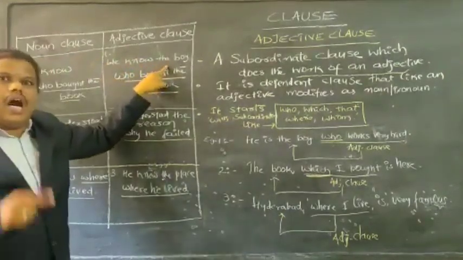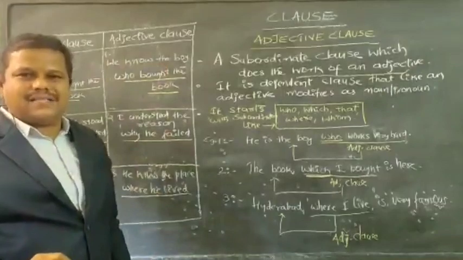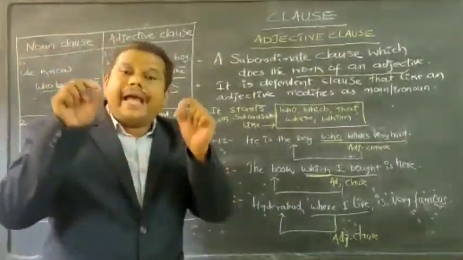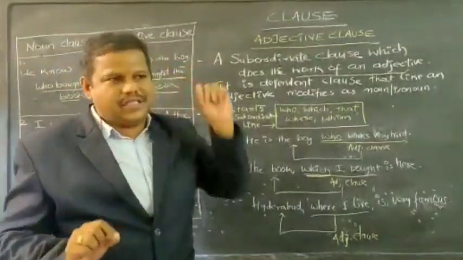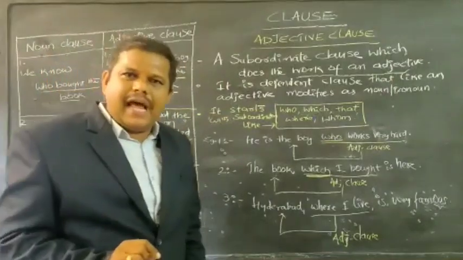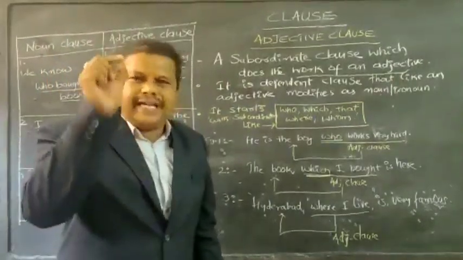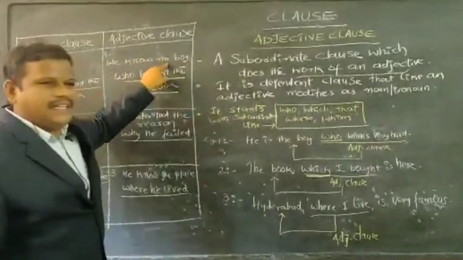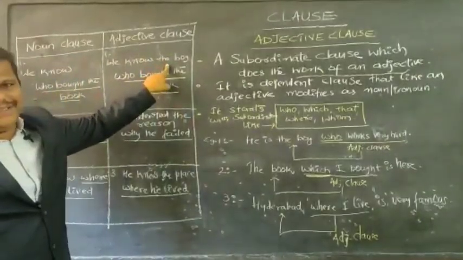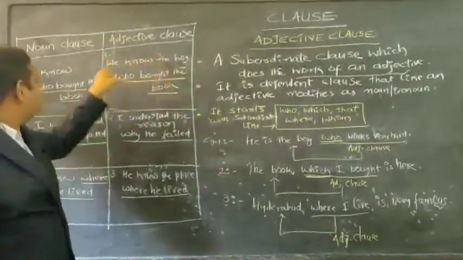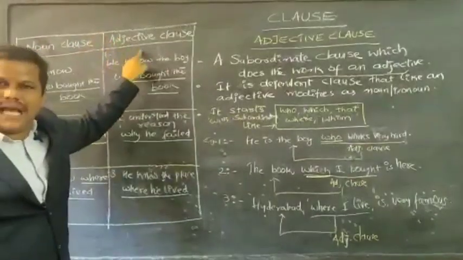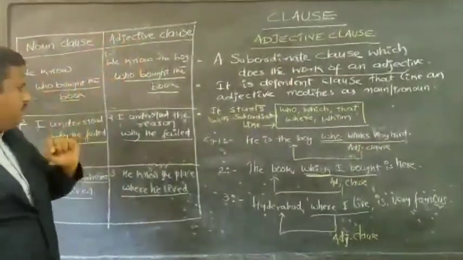The boy. An adjective class always uses an antecedent before it. When you are going to use the adjective class, we should use an antecedent. So what is the antecedent we are using here? The boy. So this is a very important difference between the noun class and the adjective class. Take another example.